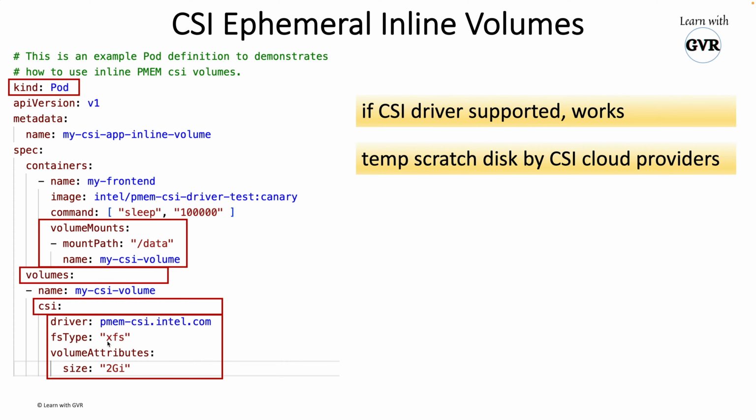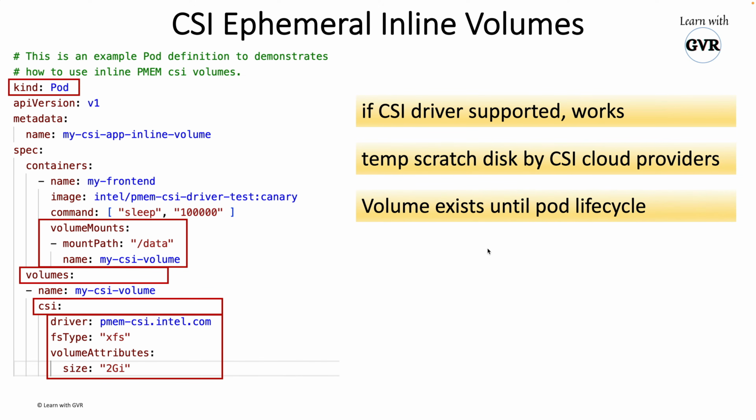Same thing, whatever you get by using this Intel driver will be deleted once the pod is deleted. The volume exists for the pod lifecycle, and is reattached after the pod restarts. Whenever you restart or recreate the pod, it will automatically be reattached from Intel.